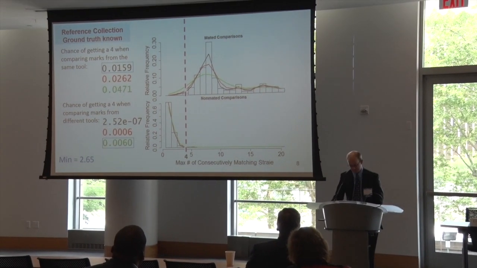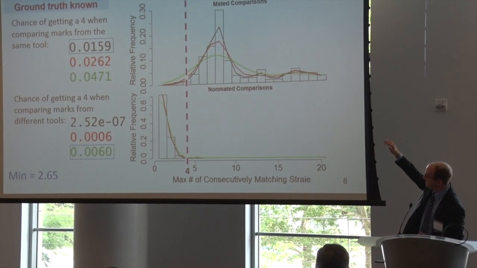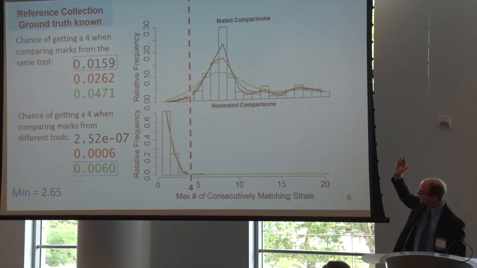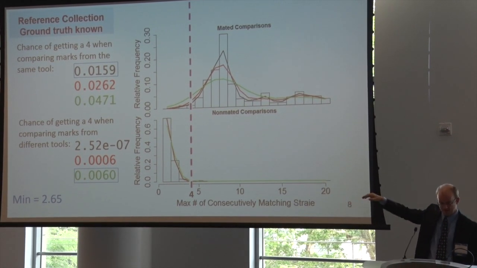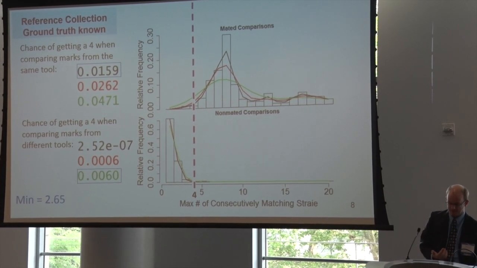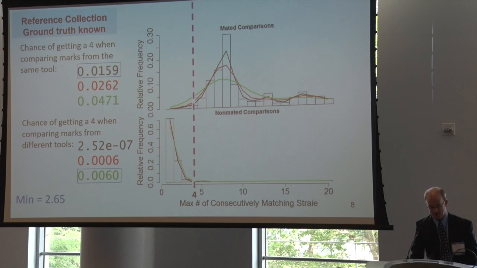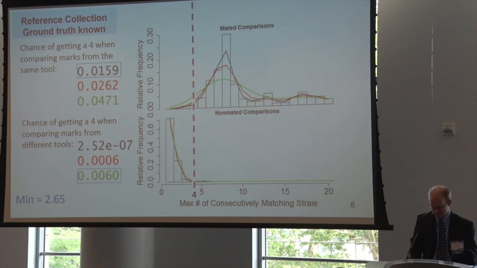So just to complete to the LR characterization, just among these 3, if you were only to consider these 3 different models for the mated and these 3 different models for the non-mated scores, the minimum likelihood ratio that you would get for this score of 4 is if we take the smallest value from the top divided by the biggest value in the bottom, and that was about 2.5.